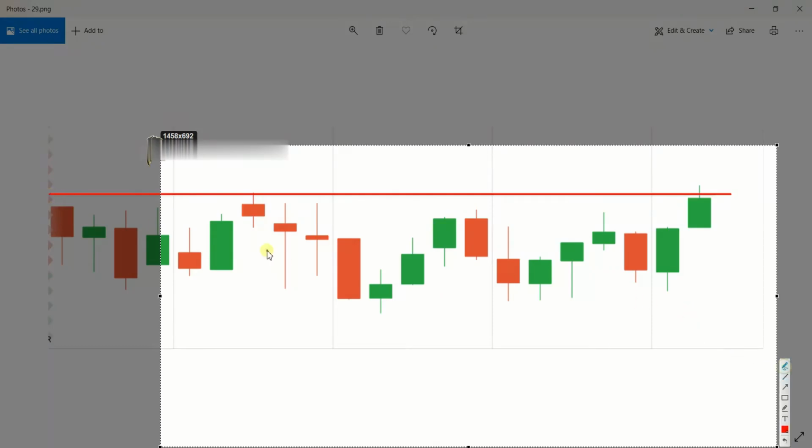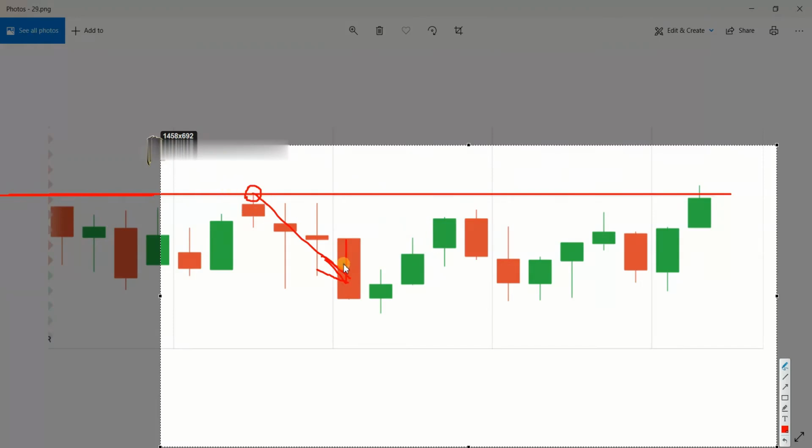we can see there is a seller's entry from this level. You can see the market touched this round number here, and very strong sellers came to the market from this round number. So it is working. We need to check more, but we don't have any past data, so it is enough.